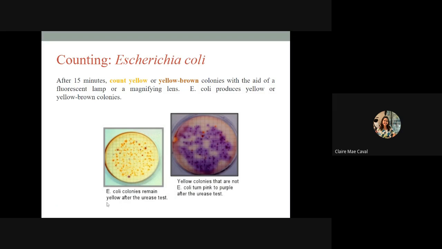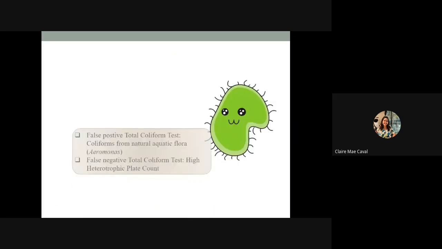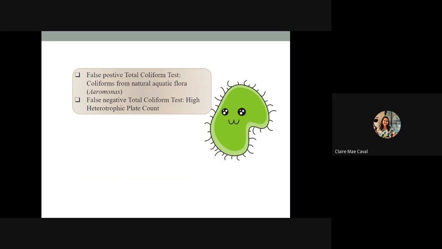So, we count only the yellow or yellow-brown colonies. A false positive total coliform test can be due to coliforms from natural aquatic flora like Aeromonas, and a false negative total coliform test might be due to a high heterotrophic plate count.